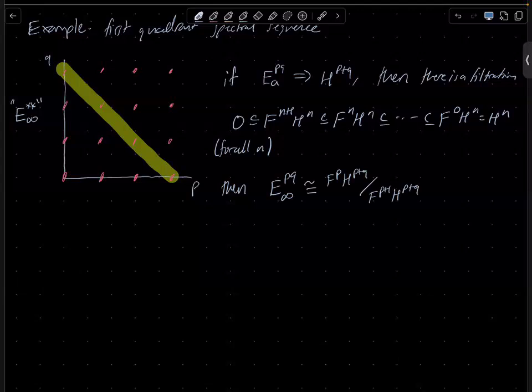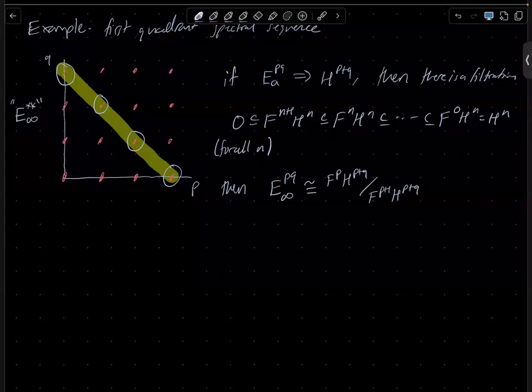I just repeated the same thing, but the point is that in this picture, I picked n equals 3. So we should have a 4-term filtration, going from F^4H^4, sorry, H^3, all the way down to just H^3.